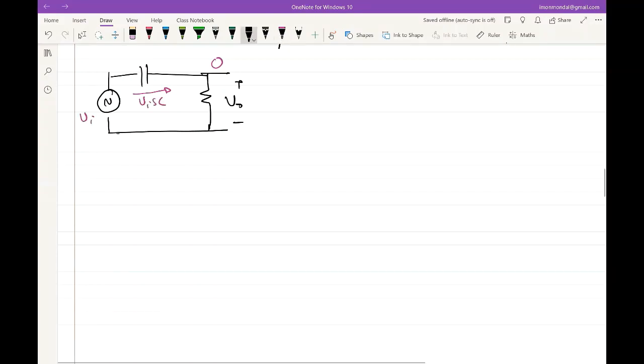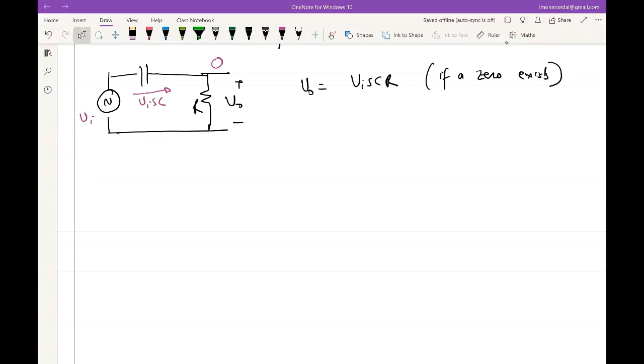Then what is the voltage that gets developed across this R? The voltage that gets developed is Vi times SC times R, right? If a 0 exists, so this is only if a 0 exists. And if a 0 exists, this V0 becomes Vi times SC times R, and we set it to 0.